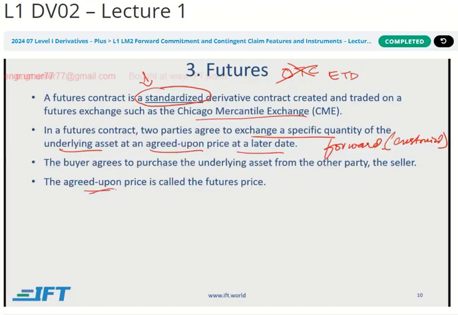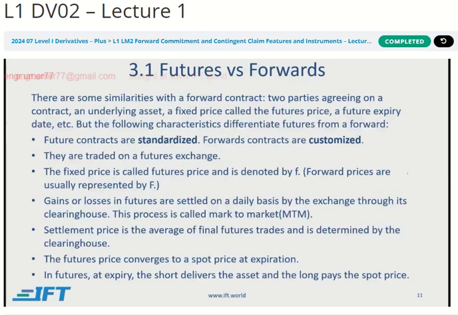There is also an agreed upon price over here called the futures price, and one party, which is the long party, agrees to purchase the asset, and the other party, which is the short party or the seller, agrees to sell the asset. Now, futures versus forwards, there are similarities, but there are some differences as well. The similarities: there are two parties in both, agreeing to get into a contract. There is an underlying asset, there is a fixed price called the futures price or the forward price, and there is an expiry date, right?